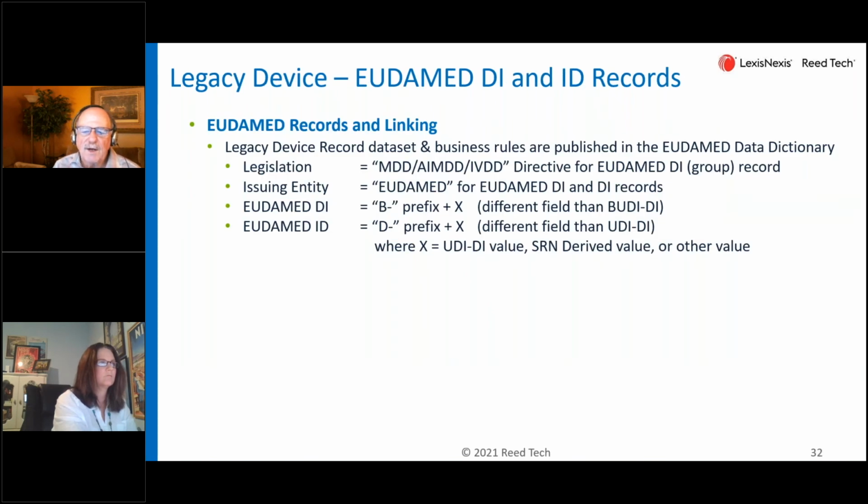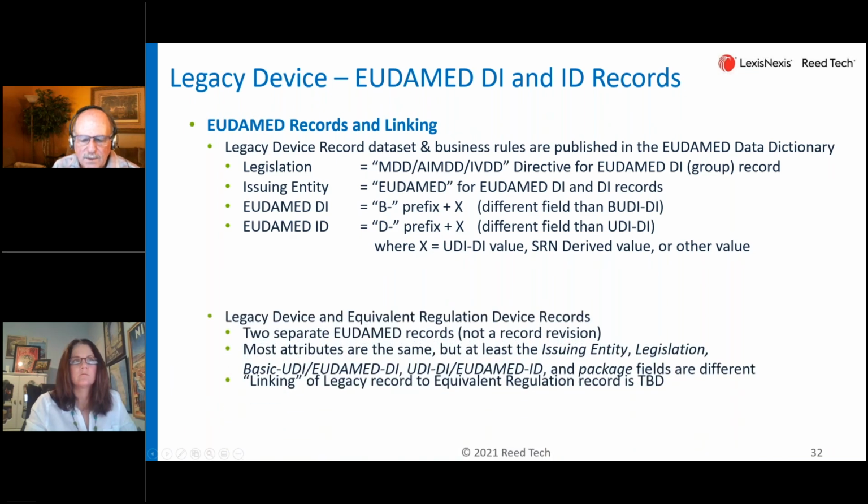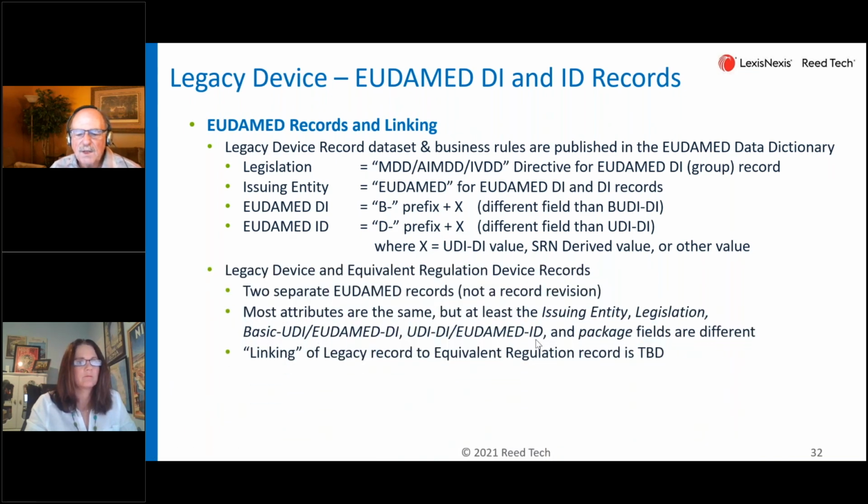So if we were to summarize the last couple of slides here, nothing new on this particular bullet, but basically just a summary of the information. But what I wanted to touch on is the second bullet, that you will have two separate records inside UDI, one for your legacy device if you submit it, or you will have an MDR based record. And they're not revisions one to another.